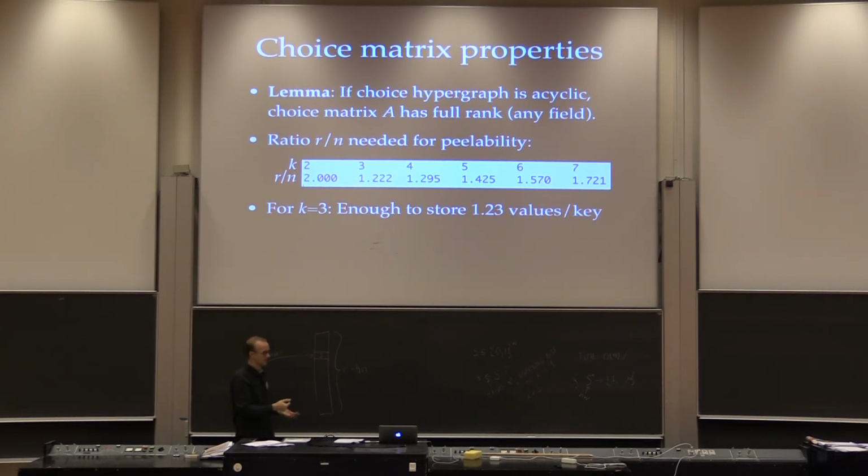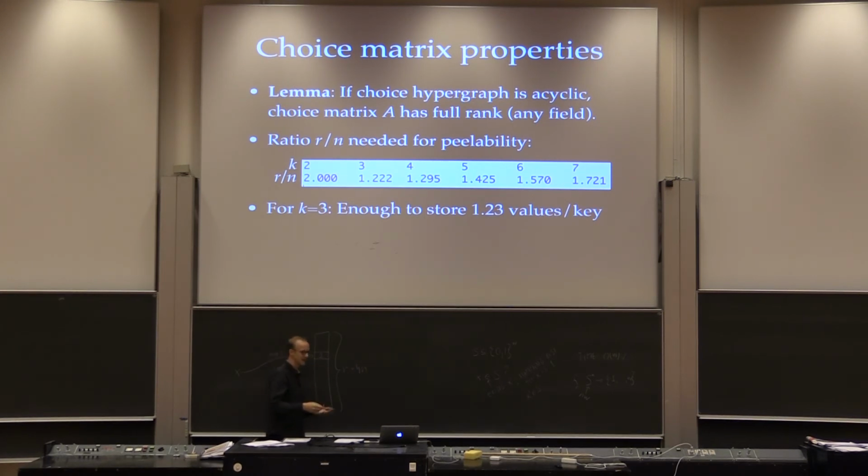If we go to 3 hash functions, it drops significantly. So now it's around 23%, or less than 23%, above the minimum we could hope for, which is 1. If we go to 4, it actually gets worse.